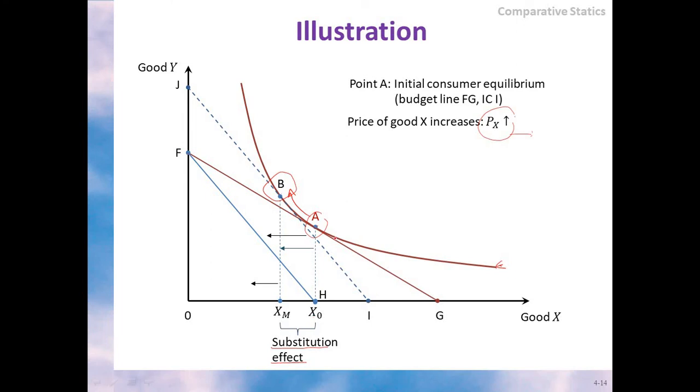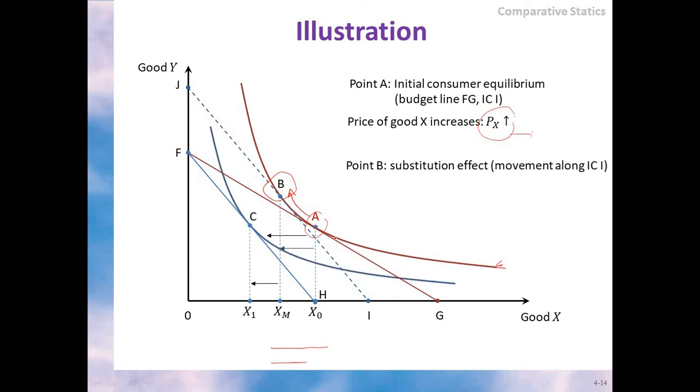So that one is point B. However, the consumer cannot be at point B, because the budget line has rotated to FH.